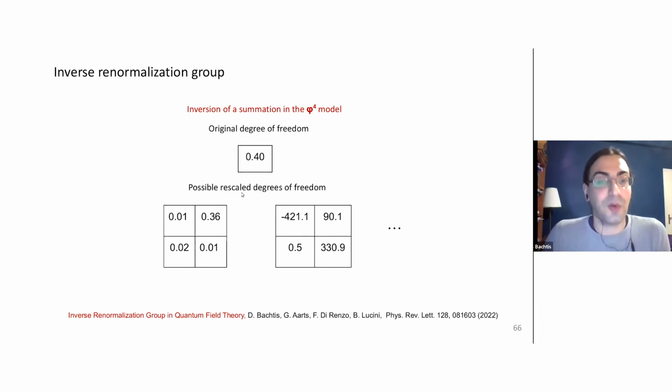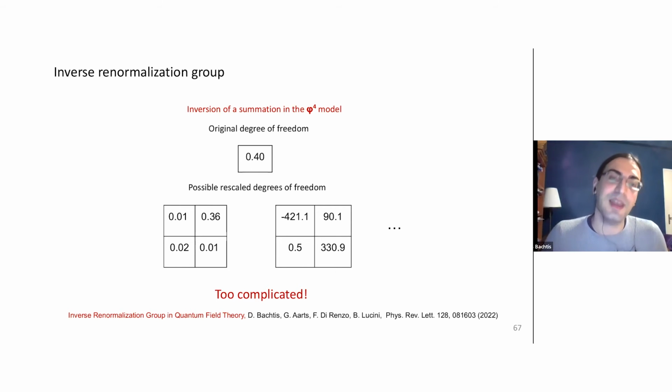And the problem is that all of these rescaled degrees of freedom can look dramatically different between them, which means that if we apply this transformation a second time, then we are going to have major problems. Practically, we are not going to get a system that will look like a phi to the 4 theory at all. So the problem is very complicated.